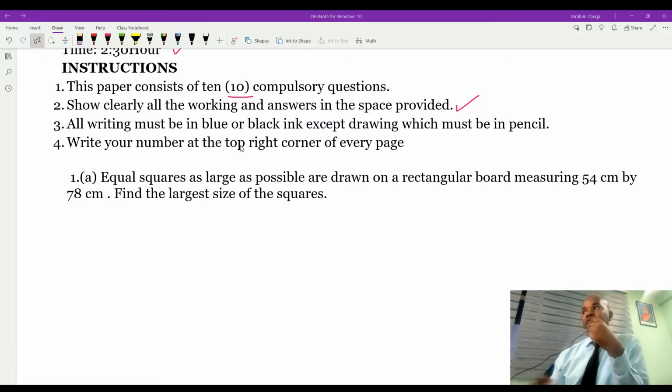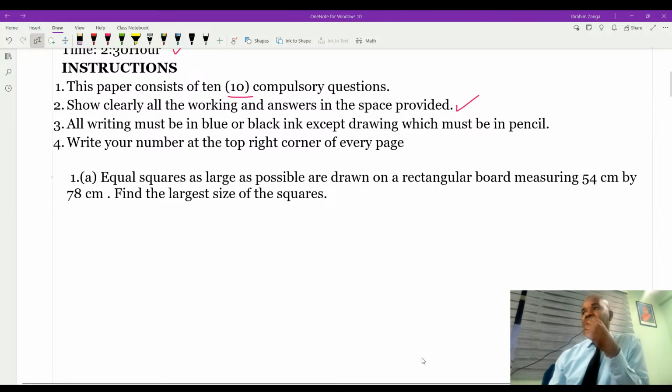So we are going to jump now to question number 1. And the question number 1, as you can see from our screen, we were given that equal squares as large as possible are drawn on a rectangular board measuring 54 centimeter and 78 centimeter. Find the largest size of the squares.